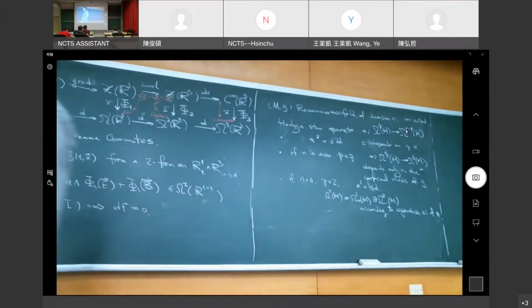So there is a decomposition. This is a decomposition of real spaces.